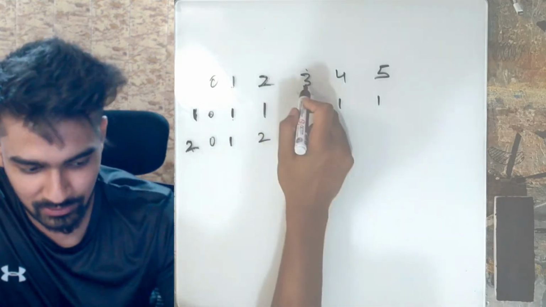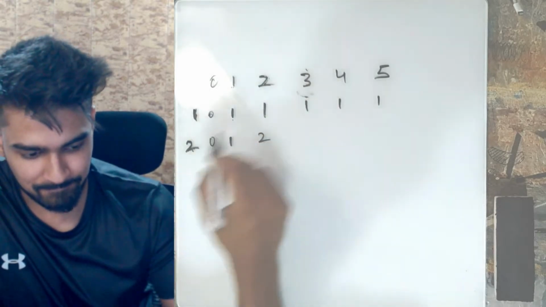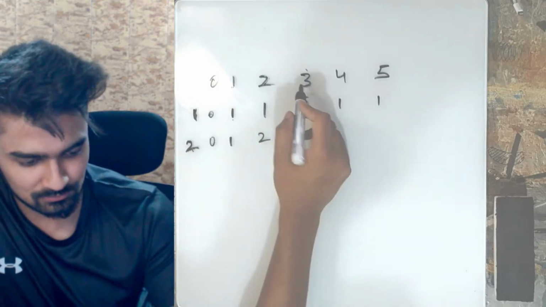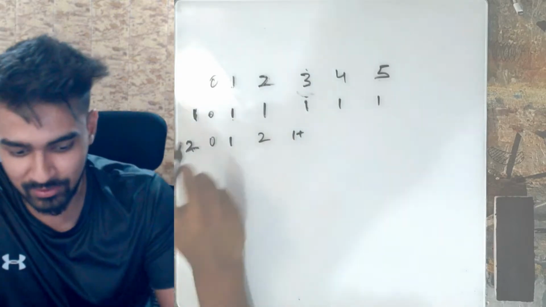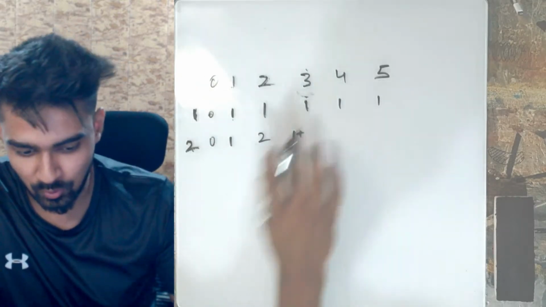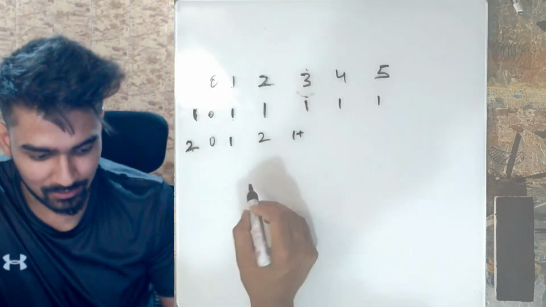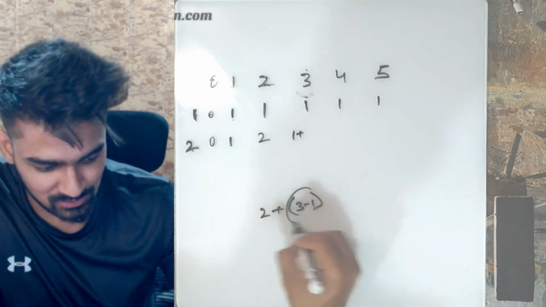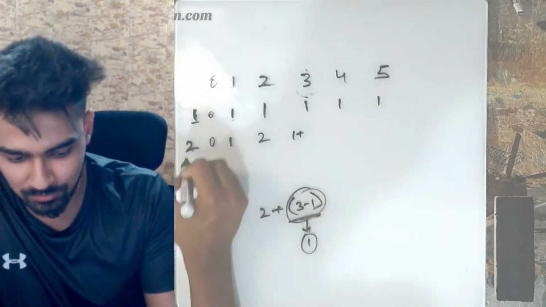Now, if we come on to 3, you will see that we can either have the previous case only, so 1 plus 1, when we didn't have 2. But now since we have a 2, we can actually use this 2 for this one, and now whatever is left of it, 3 minus 2, which is 1: how many ways do we have of making 1 when we have 1 and 2 both?